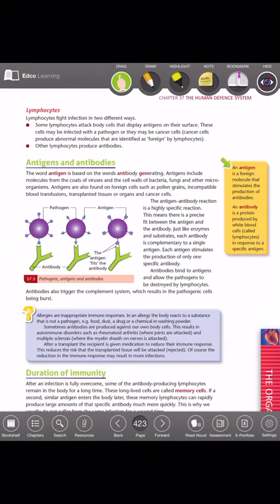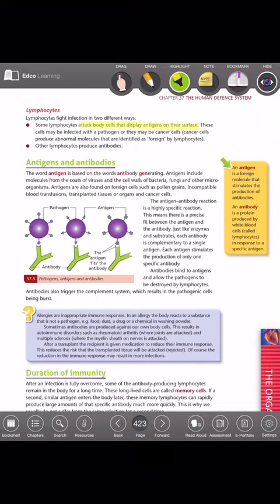Okay, so lymphocytes, this is kind of where our antibodies come into play a small bit. So lymphocytes fight infection in two different ways. Some attack body cells that display antigens on their surface, and these cells may be infected with a pathogen, or they may be cancer cells.